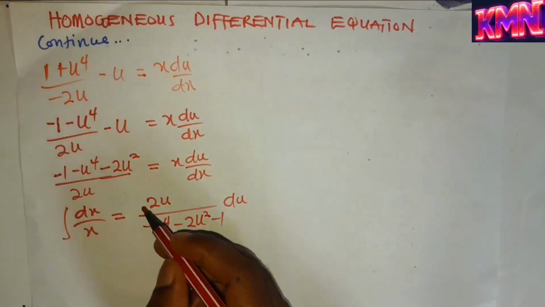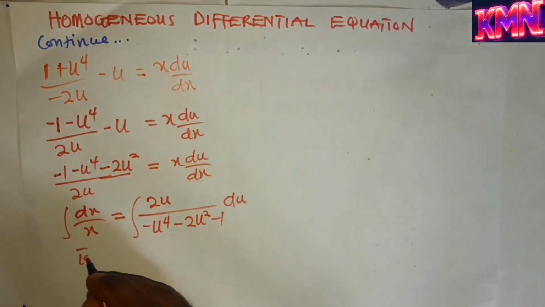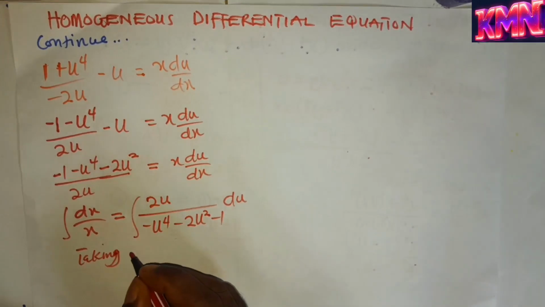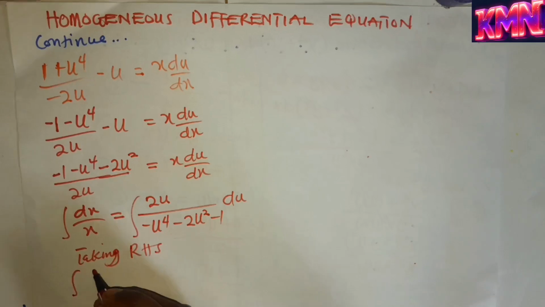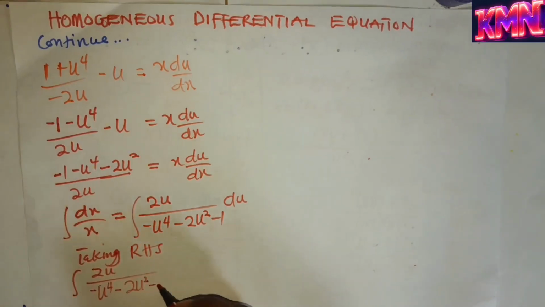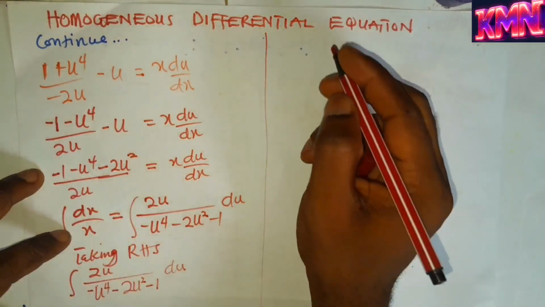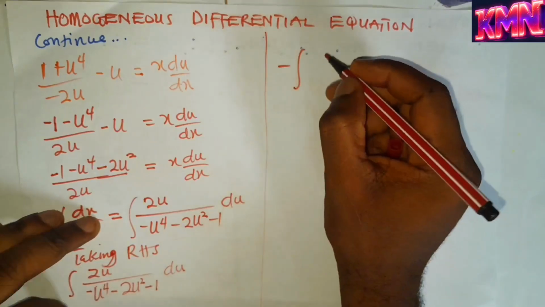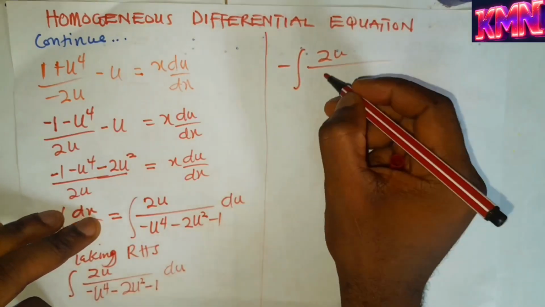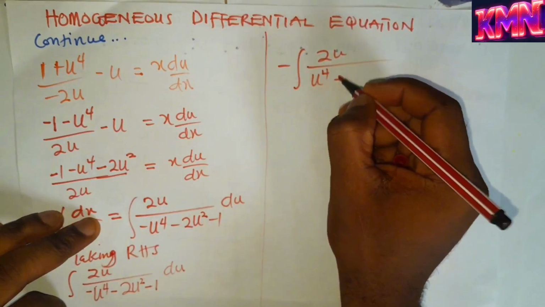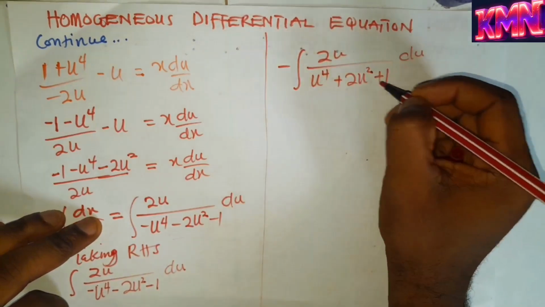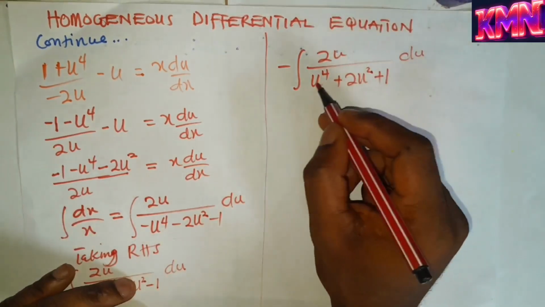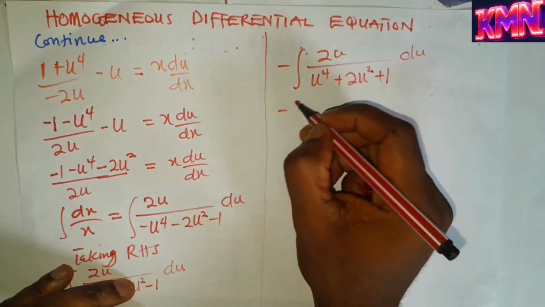Apply the integral to both sides, taking the right hand side, and factoring the negative out, we will be getting negative integral of 2u on (u^4 + 2u^2 + 1) du. And here, let's try to factorize the denominator.